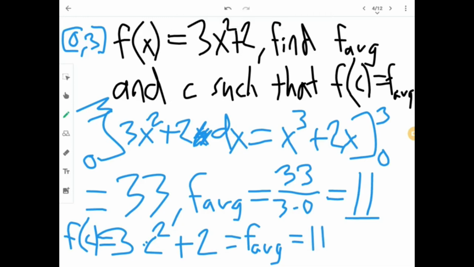So 3c squared plus 2 equals 11, and then you end up with c equaling plus or minus the root of 11 minus 2, which is 9, divided by 3, so plus or minus root 3. But notice that they said c is a value in the interval between 0 and 3. So it's not negative, it's simply plus root 3, and that is the value of c.